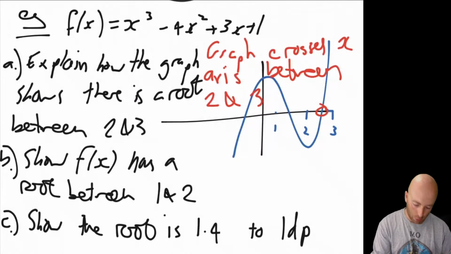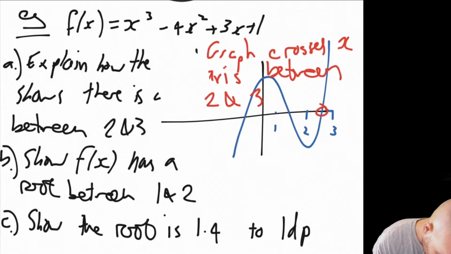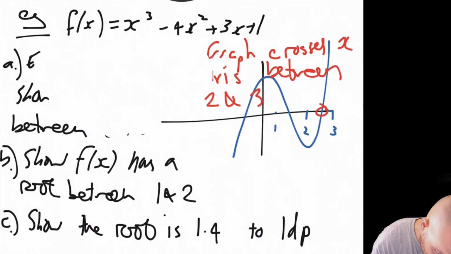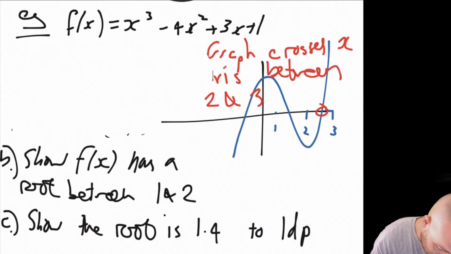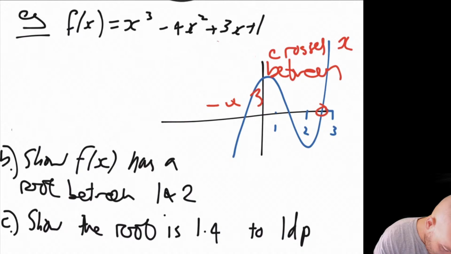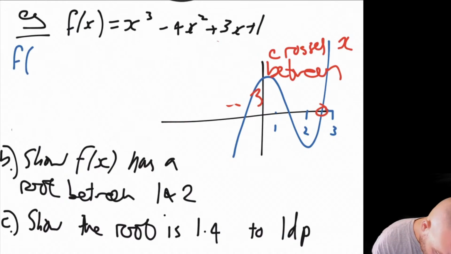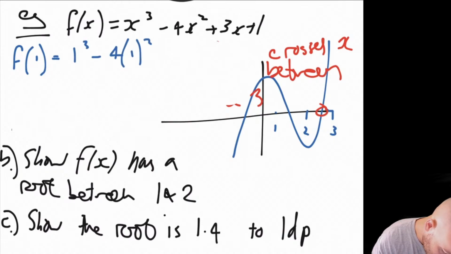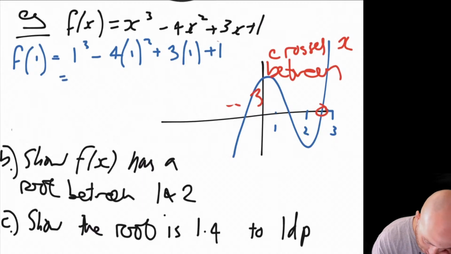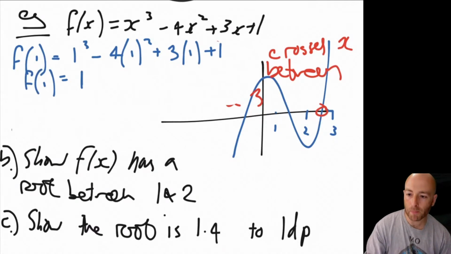Okay, show it has a root between 1 and 2. So to show that, I'm going to use what we were just looking at on the other page. So f of 1 is 1 cubed minus 4 lots of 1 squared plus 3 lots of 1 plus 1. So f of 1 is 1, take 4, plus 3 plus 1, which overall gives f of 1 equals 1.